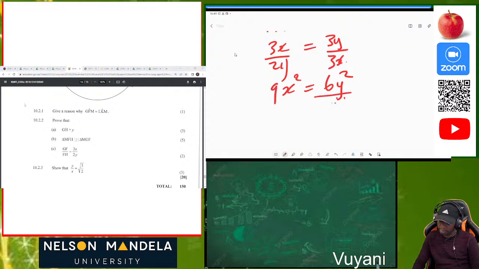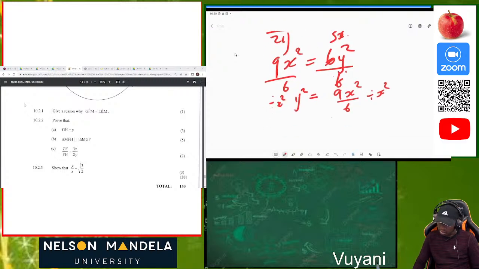We divide by 6. Then we have y squared is equal to 9x squared over 6. Now we must divide by x squared. Then we have y squared over x squared is equal to 9 over 6.